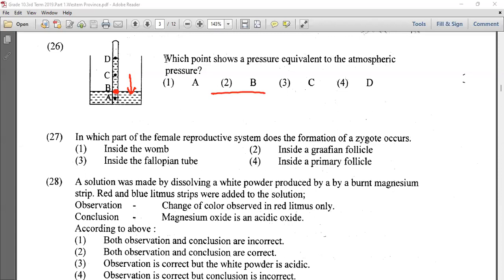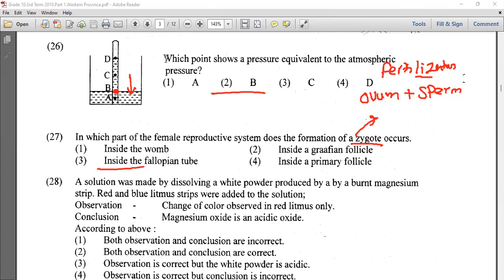Right. In which part of the female reproductive system does the formation of zygote occur? Formation of zygote means ovum plus sperm. What do you call this technically? Fertilization. Fertilization inside the fallopian tube.